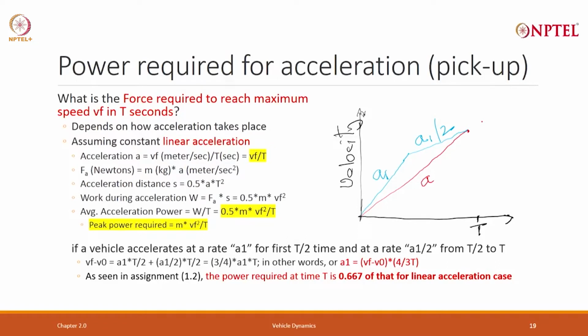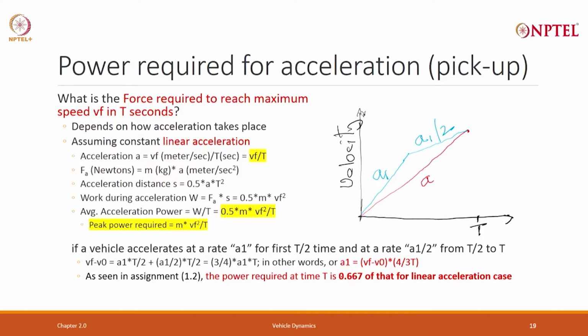If 50% of the time you accelerate at a1 and 50% of the time at a1 by 2, and you reach exactly V f at time t, this is the problem defined in the assignment. If you calculate it, you will find that the power requirement at time t is 0.667 times what would have been in the linear case. But the average power will be the same.